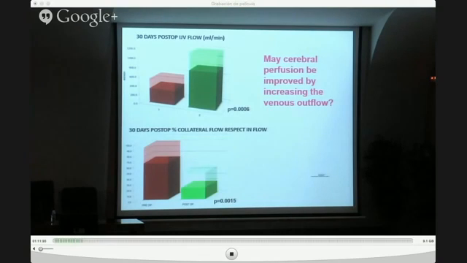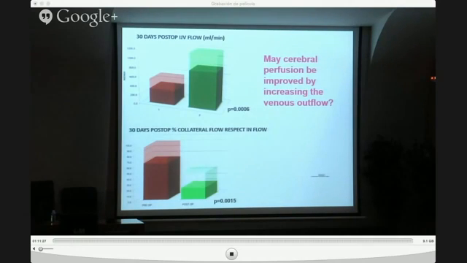Because everybody is focused on arterial inflow when considering the perfusion of the brain. There are no studies investigating if perfusion can also be affected by delay in venous drainage.